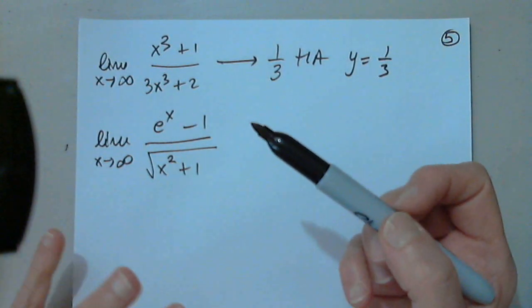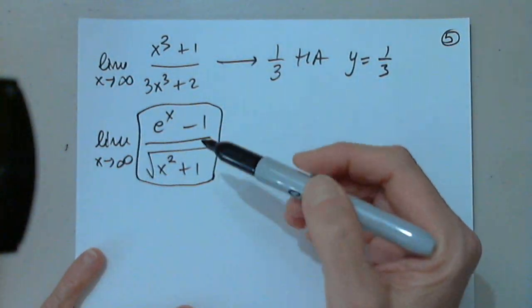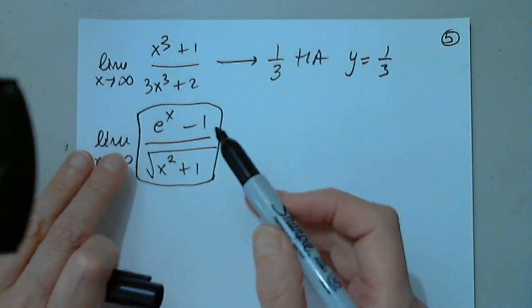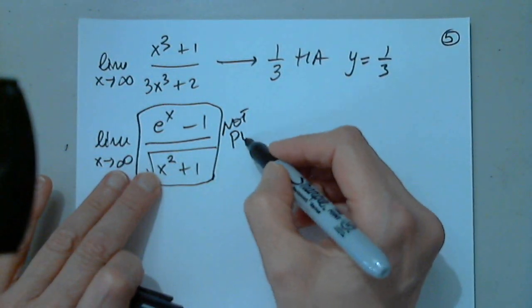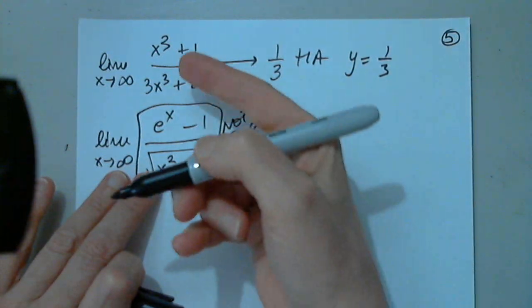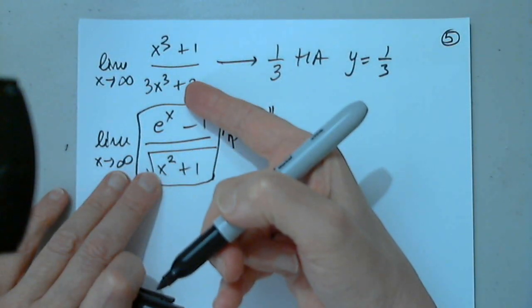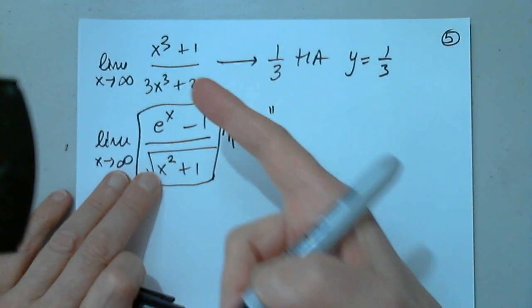What I mean to say here is that this function is not what is called a pure rational function, a polynomial over a polynomial, like the previous one. This one is not a polynomial over a polynomial.